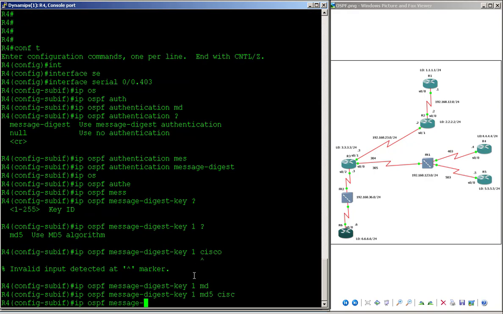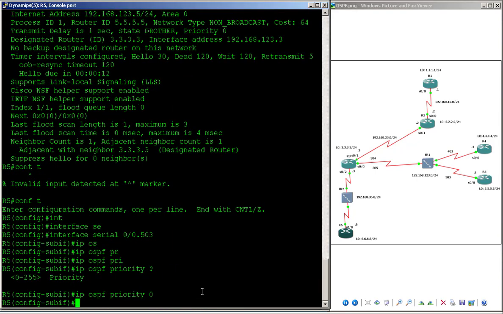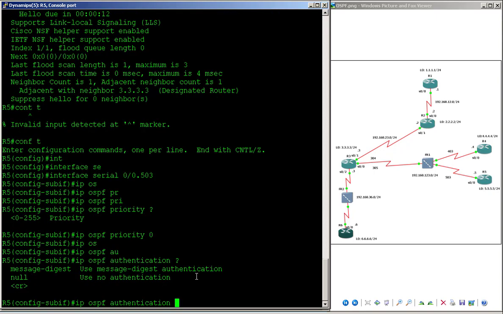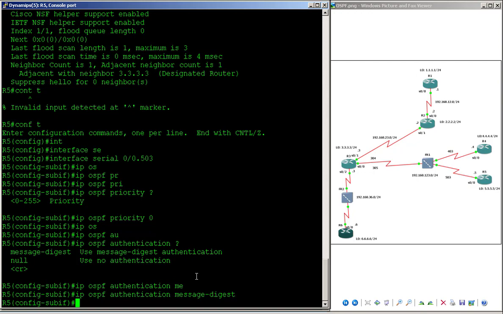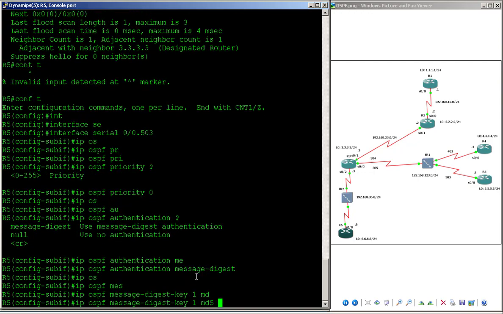Sorry, it should be cisco. And router 5 also, I'm in the subinterface: ip ospf authentication message-digest, ip ospf message-digest-key 1 md5 cisco.